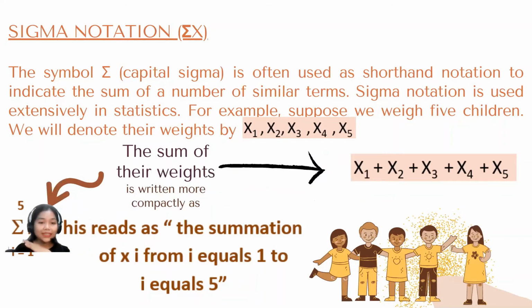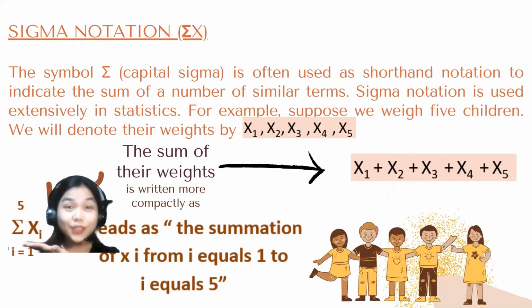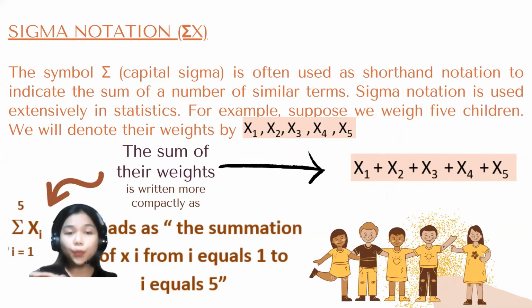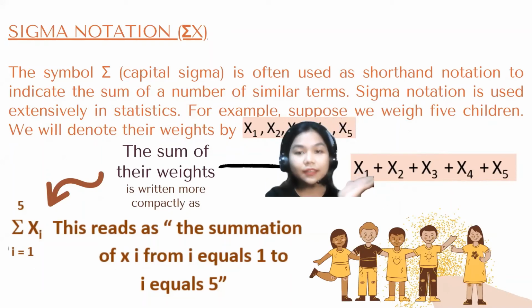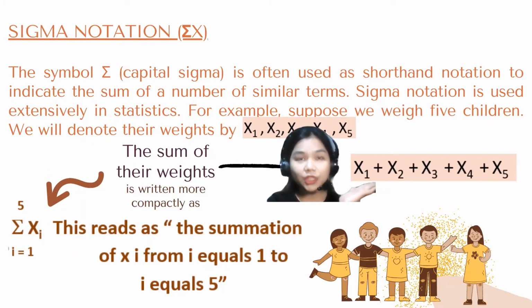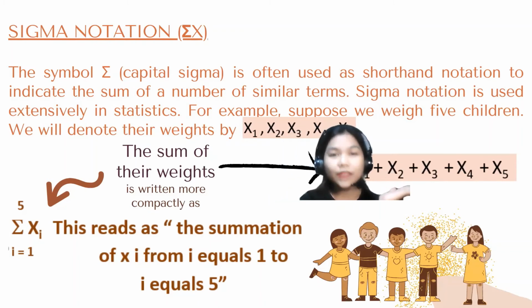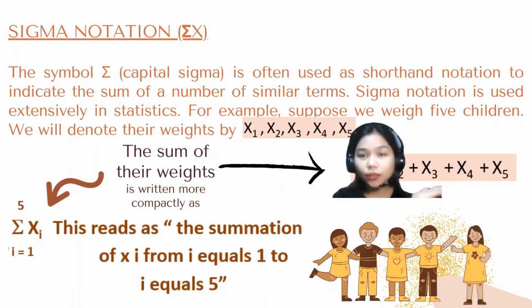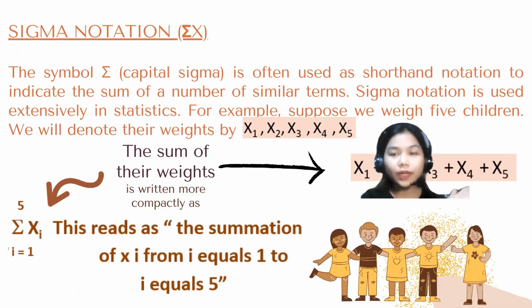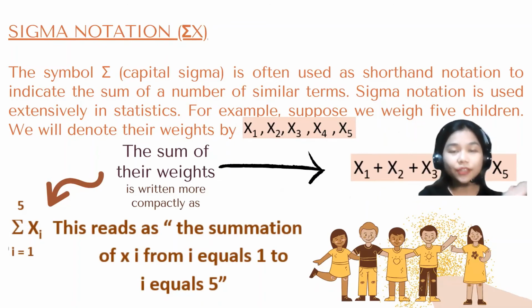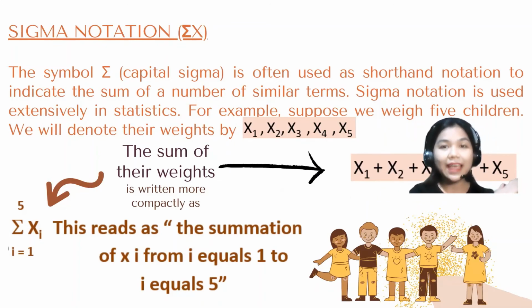In order to expand this one, we need to add the different weights. Remember, we have 5 children. So the summation of xi as i equals 1 to 5 is simply adding the weight of the first child, which is x1, the weight of the second child, which is x2, the weight of the third child, which is x3, the weight of the fourth child, which is x4, and the weight of the last or fifth child, which is x5.